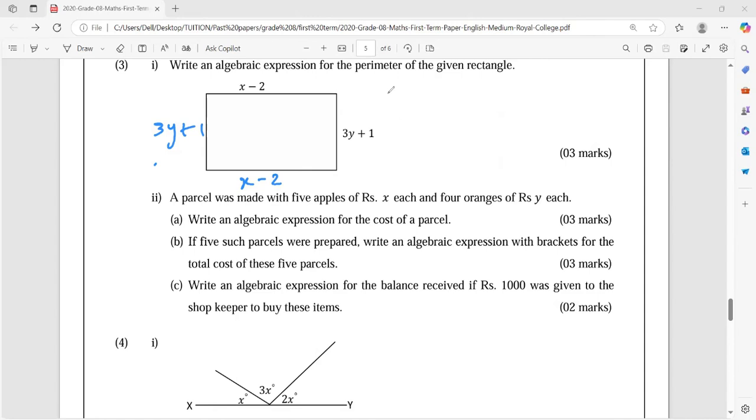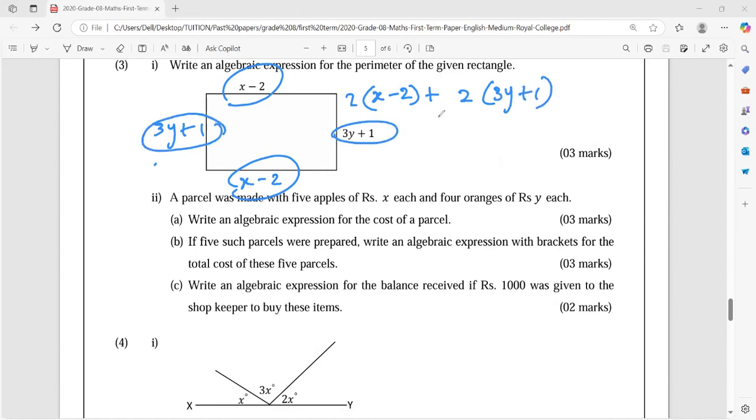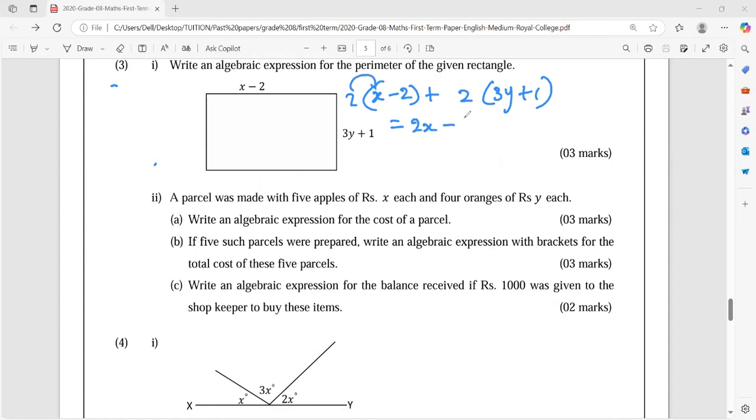Then if you want to add these all, we have to take x minus 2 plus x minus 2, right? We can take 2 into x minus 2, right? Plus 2 into 3y plus 1. That means 3y plus 1, and second 3y plus 1. And then we will simplify this expression, and then we will get the perimeter. So if you multiply like this, we get 2x minus 4.